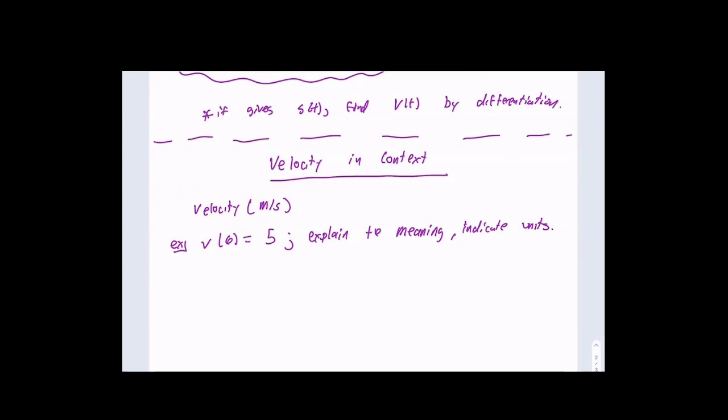We have no lines here. State what it says without using the letter V.